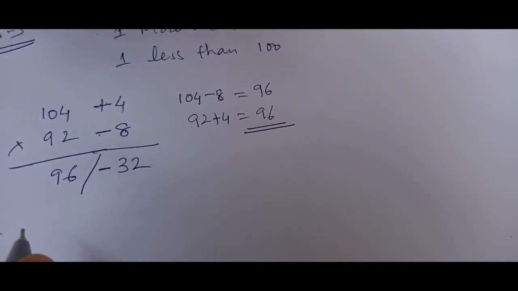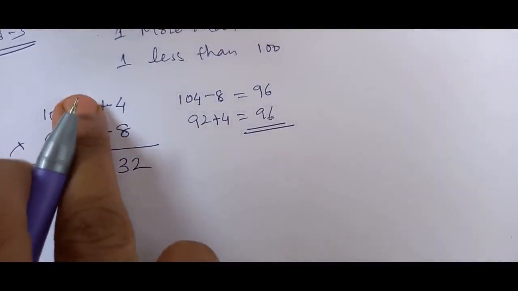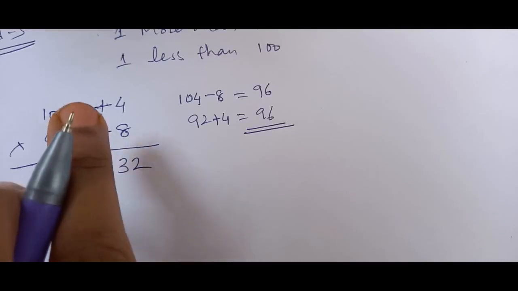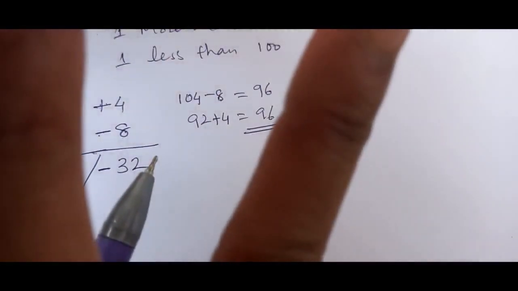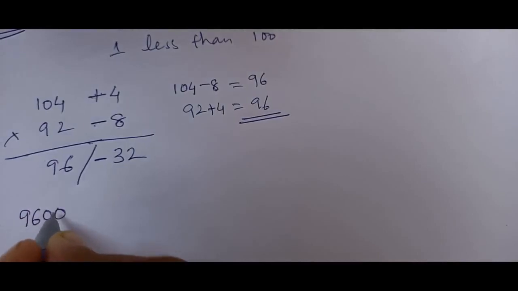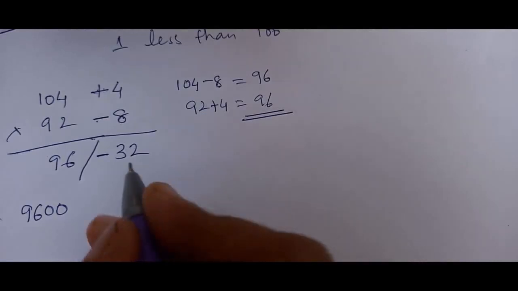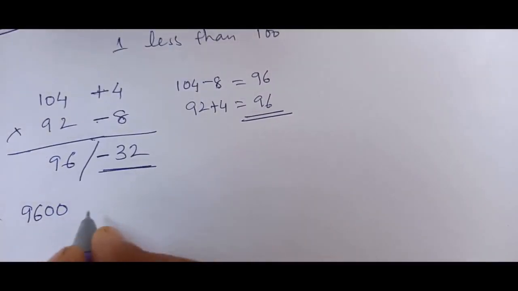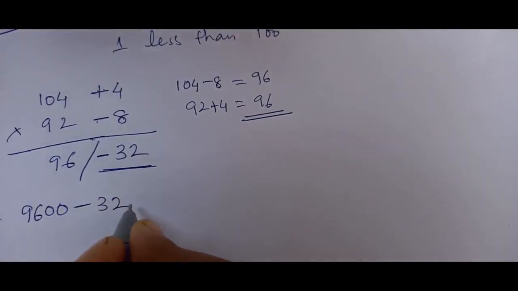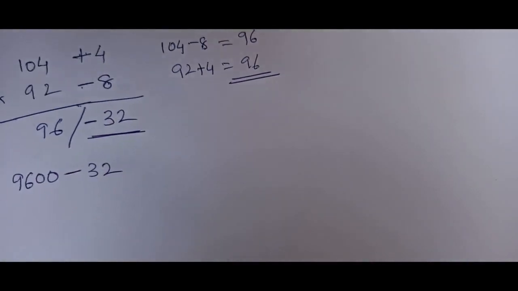Observe carefully. Since these two numbers are near to 100 and 100 contains two zeros, add two zeros to the LHS part. Then subtract this number from this obtained number. Okay.